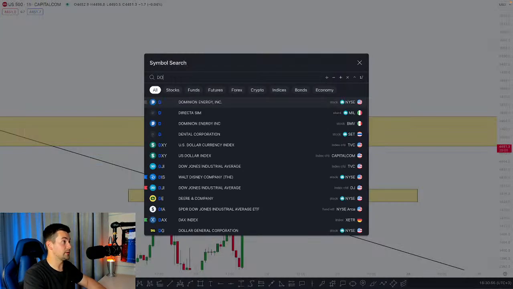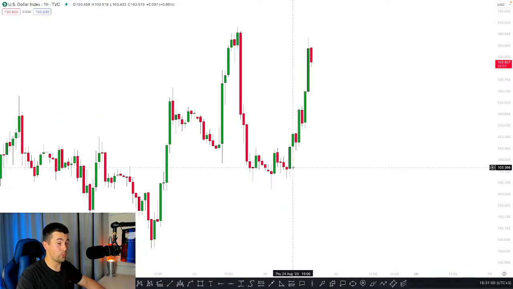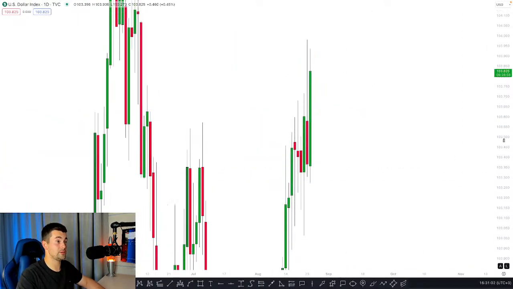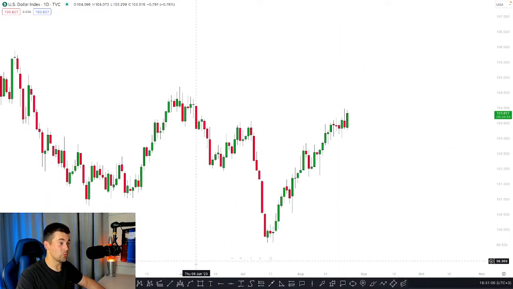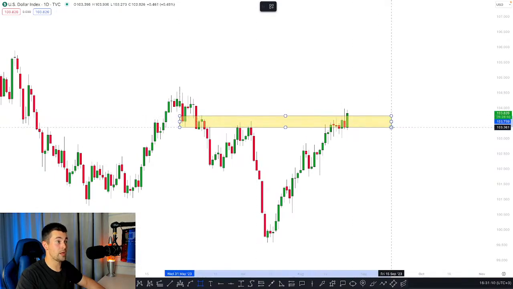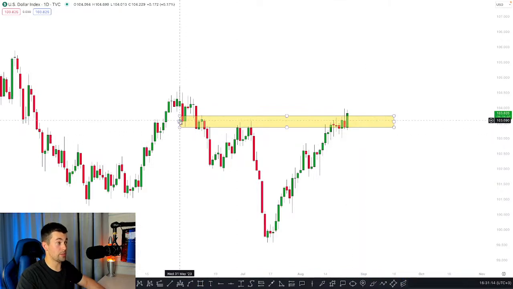Finally, dollar index, DXY. DXY is very important because as you know, it is rallying, it keeps growing, and it keeps breaking the key structures one after another. And currently we are stuck on that key resistance. We have a very solid resistance cluster right here that the price is currently trying to break.